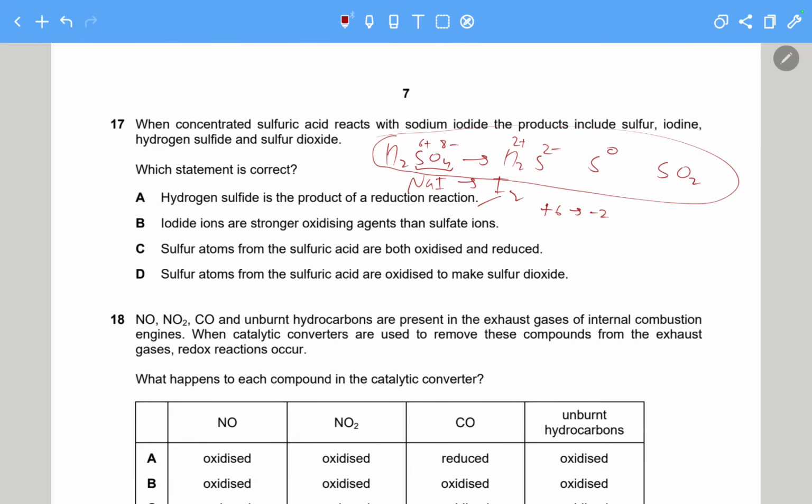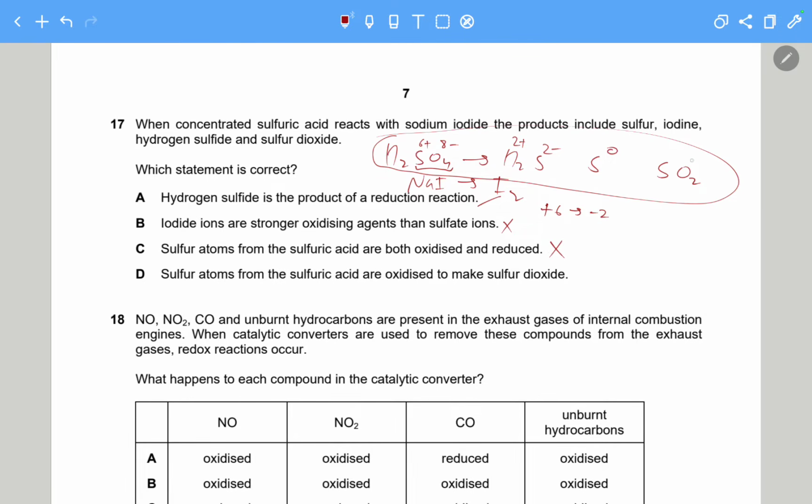Now, iodide ions are stronger oxidizing agents than sulfate ions. This option is not correct, because iodide ions are strong reducing agents. They're not very electronegative, so they don't want electrons much themselves. They are ready to give them up. Sulfur atoms from the sulfuric acid are both oxidized and reduced. No, that's wrong, because only reduction happens.